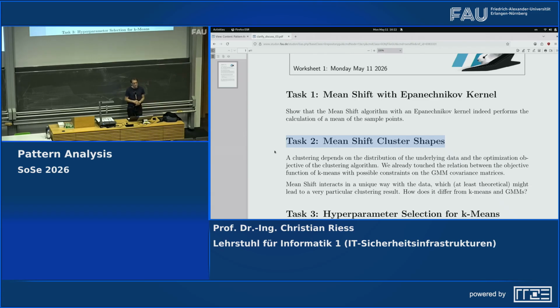So it's probably not super relevant in practice, but I think it's an interesting theoretical question how this objective criterion of the mean shift differs from the k-means and the Gaussian mixture models.